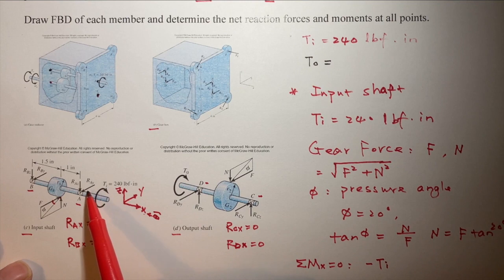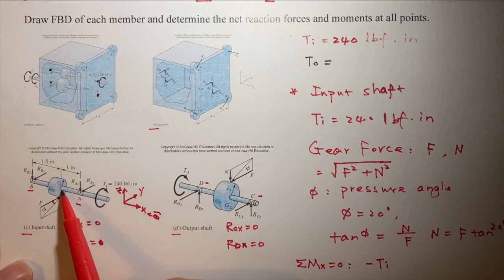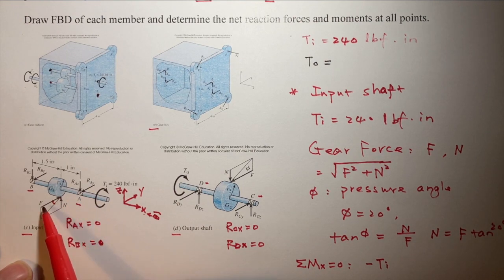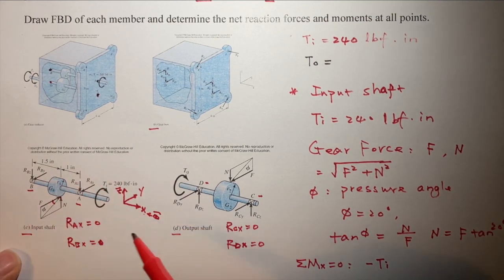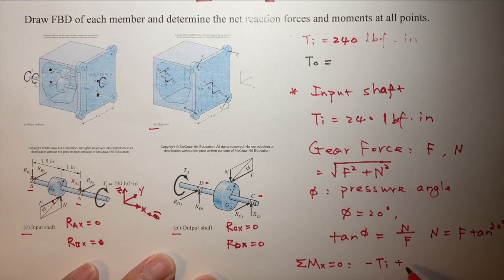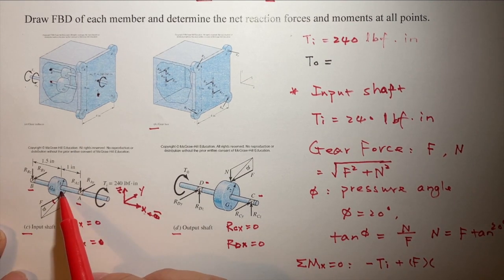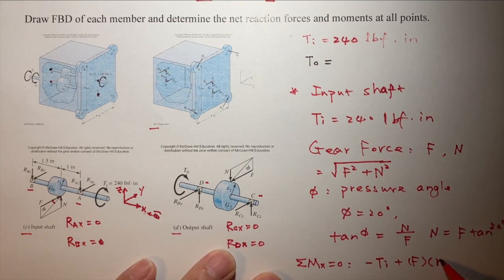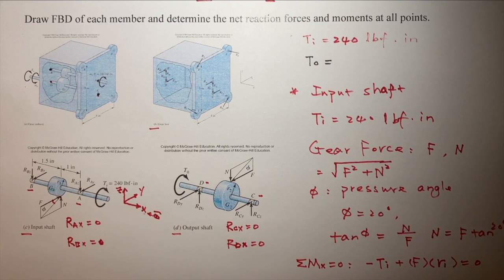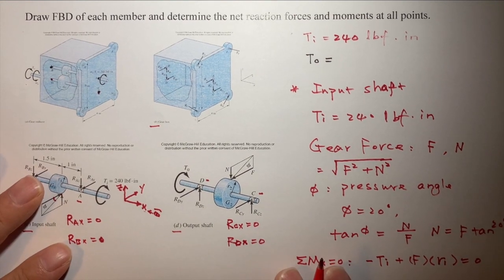Ay is through the x-axis, so there's no moment. N is through the x-axis, no moment. And F is going to produce a moment counterclockwise, so plus F times the radius R1 equals 0.